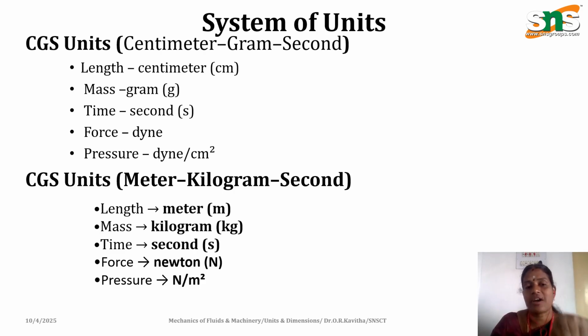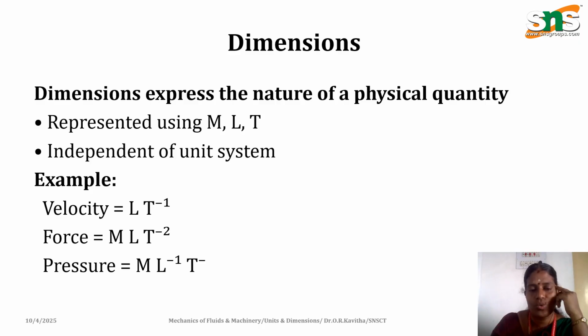Length is described by the centimeter, the mass instead of kilogram is gram, and the time is in seconds, the force is dyne, and the pressure is given as dyne per centimeter square. Next, the other system is the MKS unit.